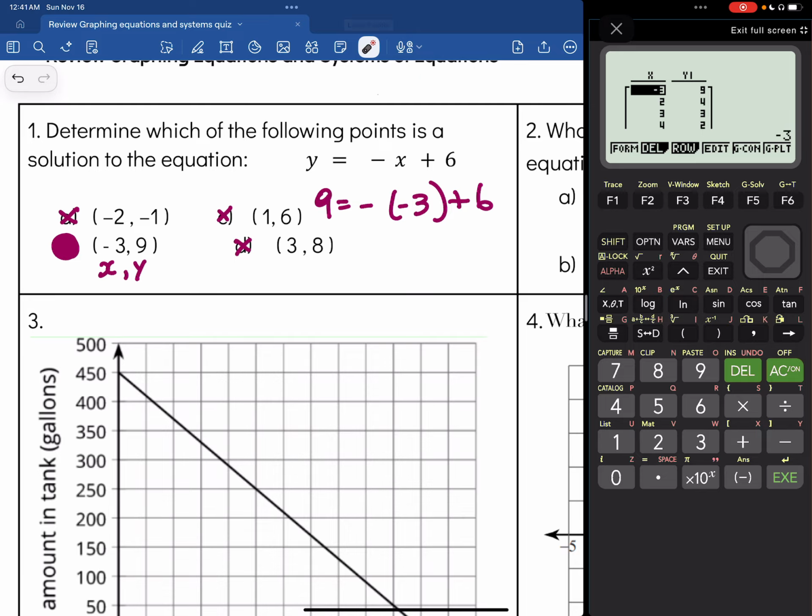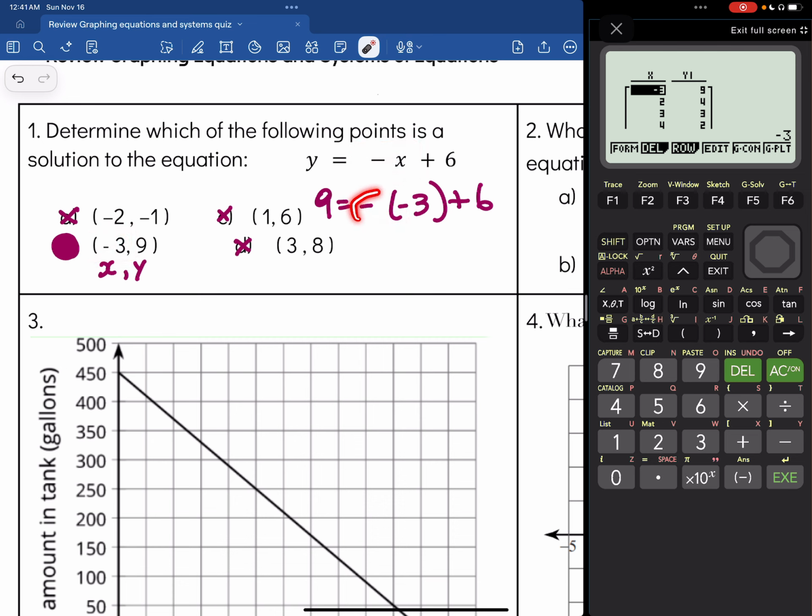I want you to notice here in the equation, we have a negative x, and in our solution, we have a -3. Since this x is negative in the equation and our value for x is also negative, I need to have a double negative when I'm substituting.